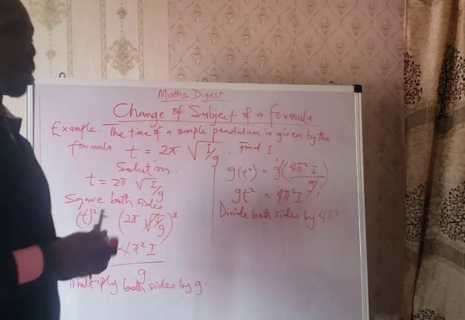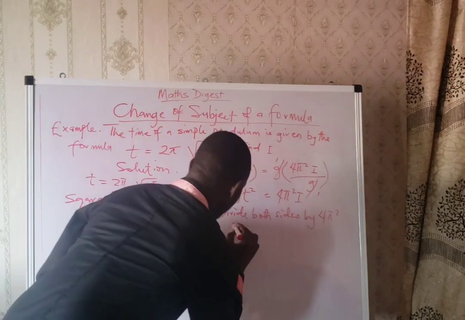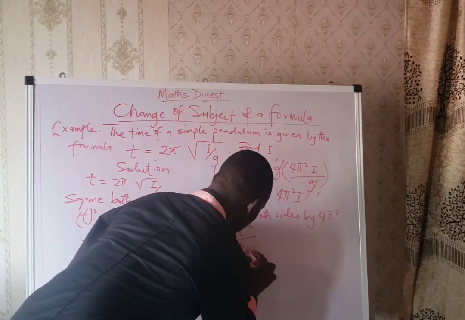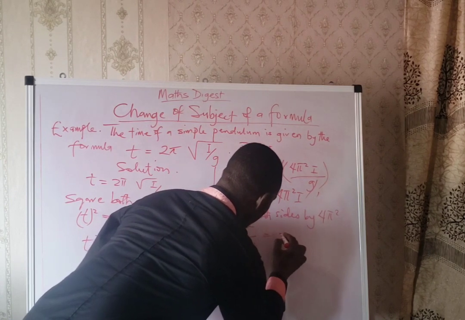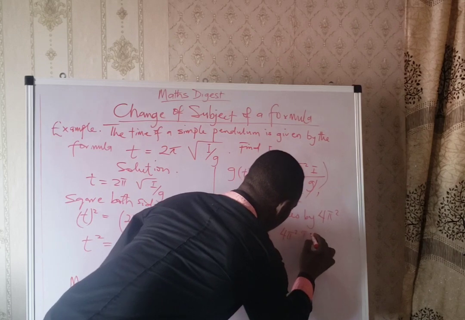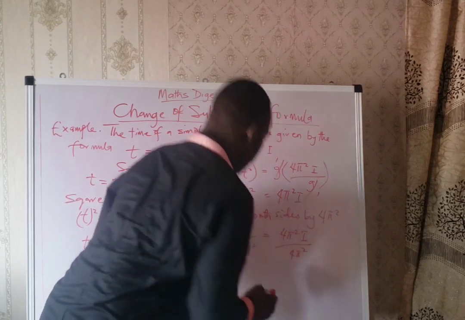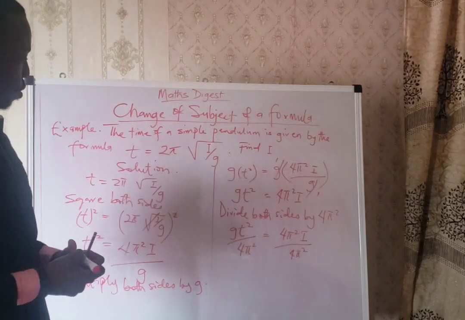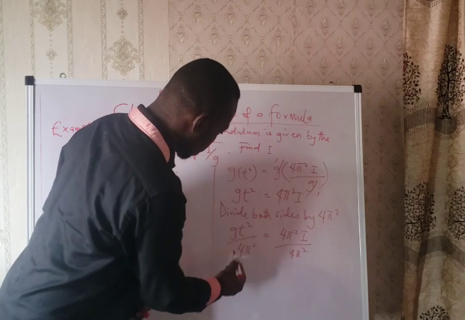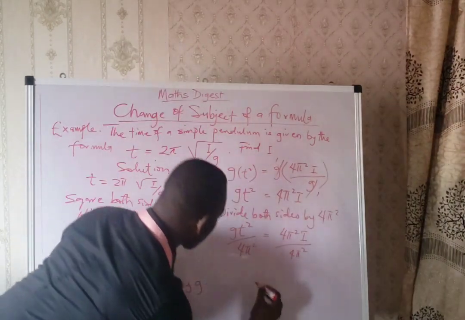We divide both sides by 4 pi squared. So this is what the expression will look like. This is still the same thing. Nothing to cancel out from this side, so we write it down.